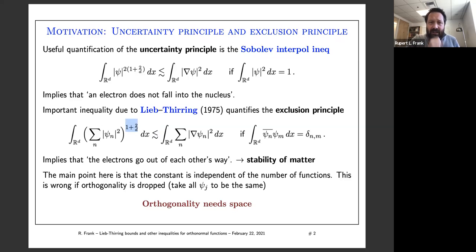Now, what this inequality does, however, is that it translates this abstract concept of orthogonality, which is just some inner product in Hilbert space, into something very concrete in X space. It says somehow that these functions have to go out of each other's way. The bad thing is if they're all the same and all on top of each other.